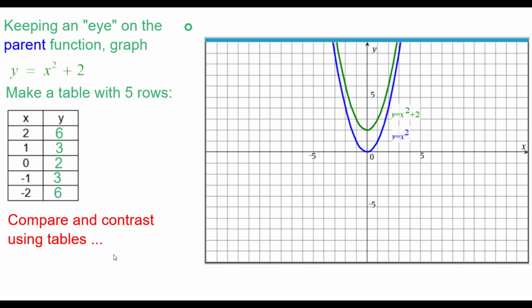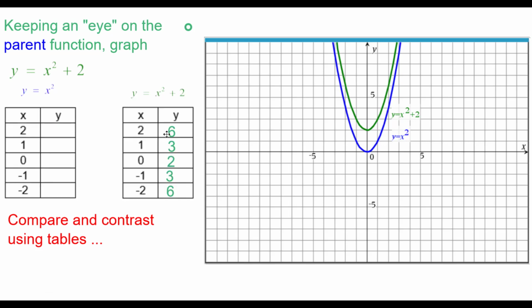We'd also like to compare and contrast using tables as we did before. So I'm going to move this table over to the right and look at y equals x squared right here. And this is what the normal y equals x squared table looks like. Press pause when you're finished comparing and contrasting these two tables. Well, you'll notice that the x coordinates again are identical in the tables.